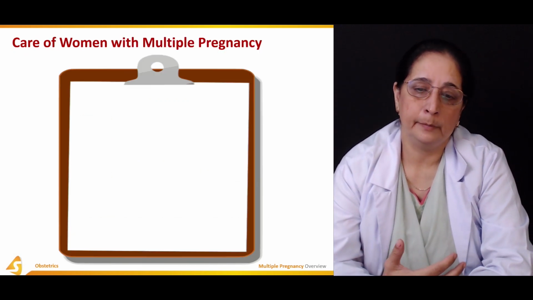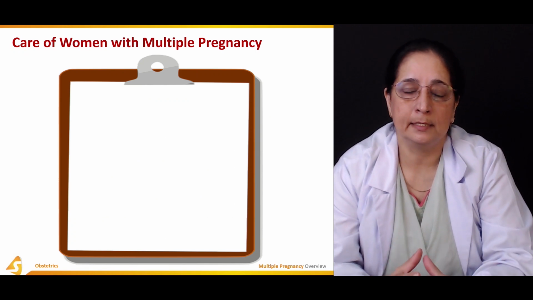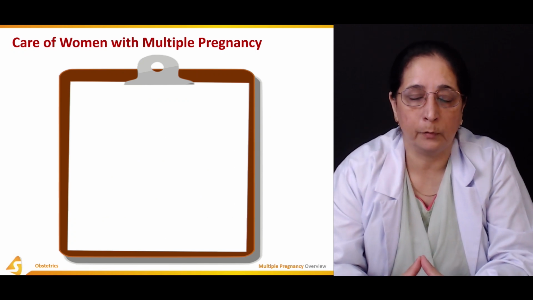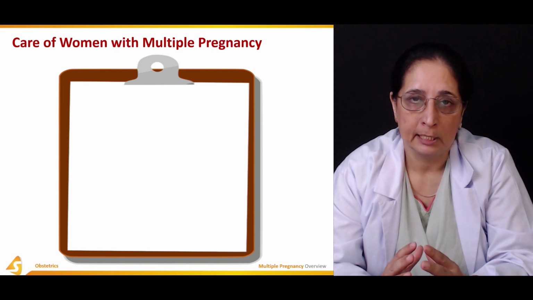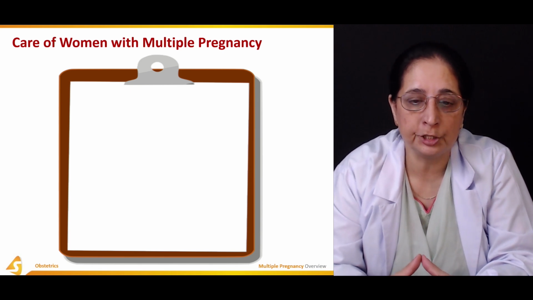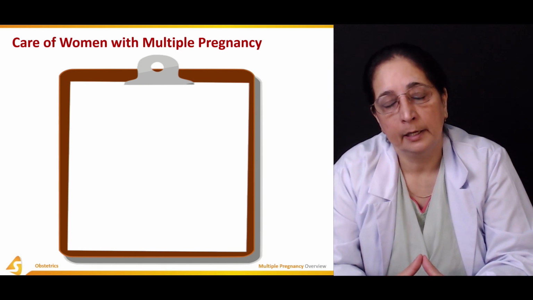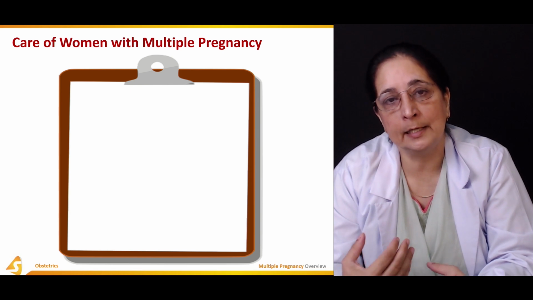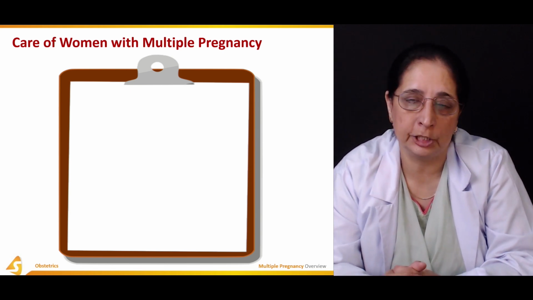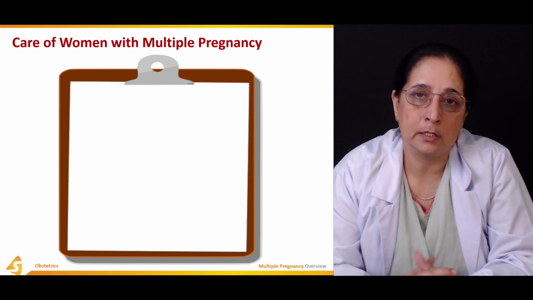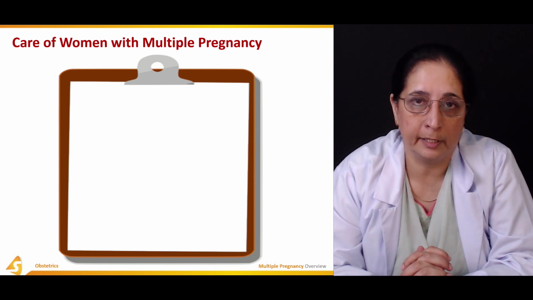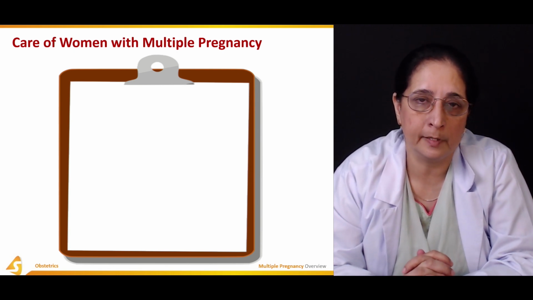Care of women with multiple pregnancy is very important. They should have special antepartum management because there is increased risk of complications, and early onset of labor is very common; preterm labor is common.